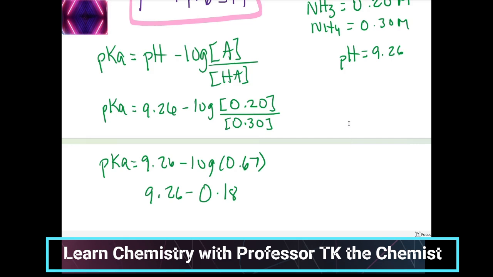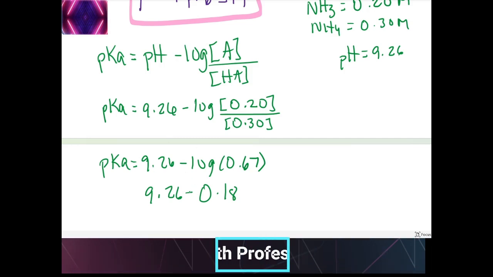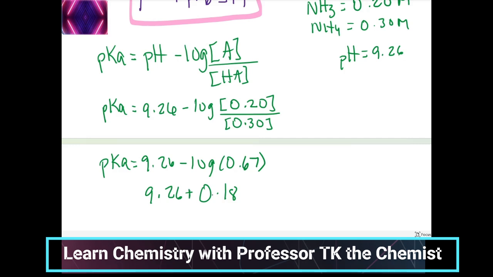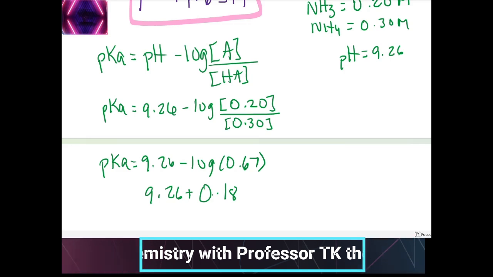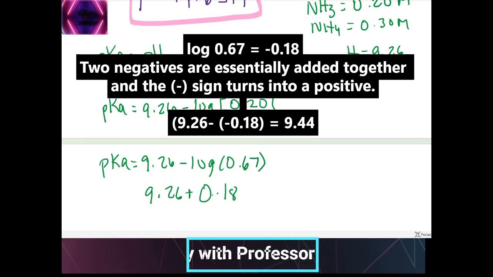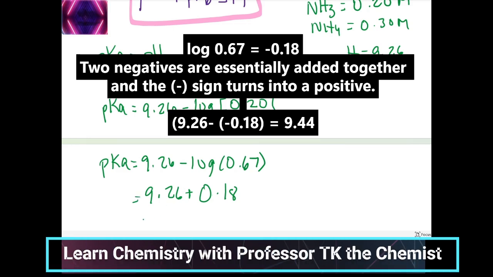Because the log of 0.67 comes out negative when we plug it into our calculator, and because you have a minus sign right here, you're going to add them together. So 9.26 plus 0.18 gives us 9.44. So the pKa is equal to 9.44.